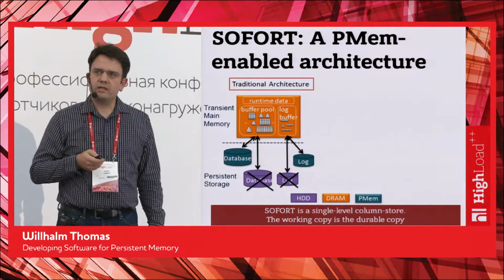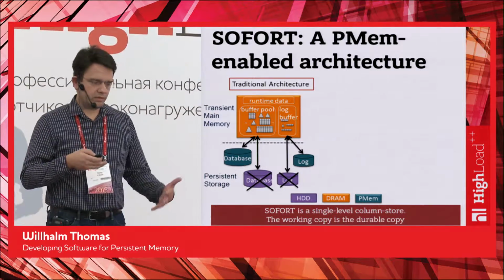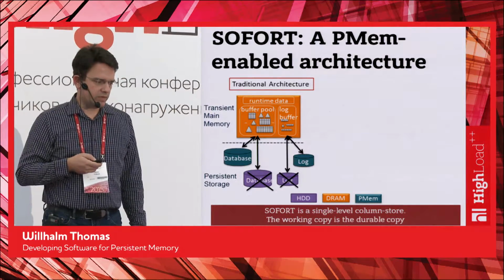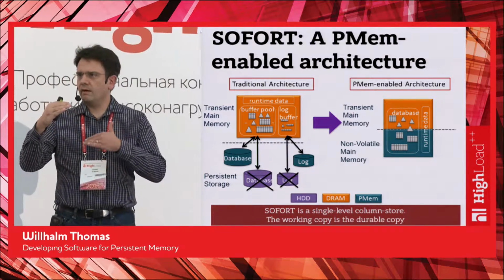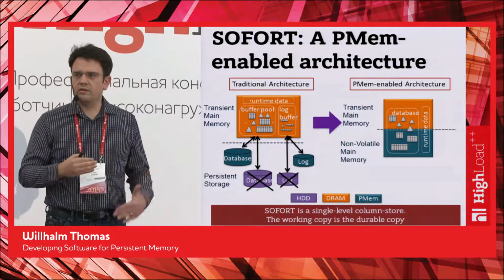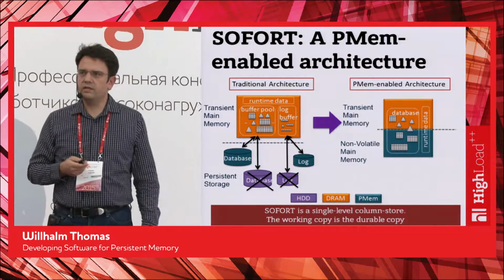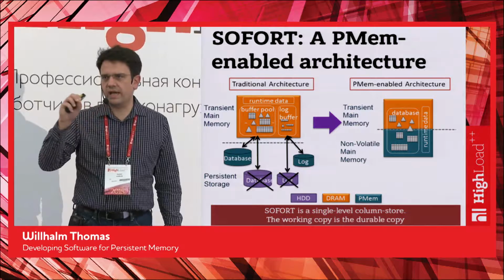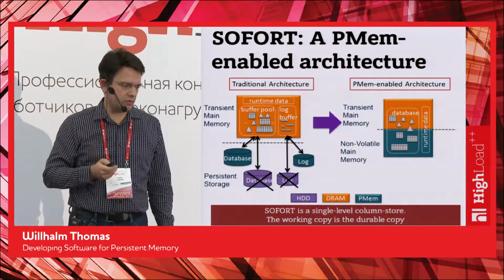We also eliminate the copy on disk and replace it by a single copy in persistent memory. So what we have now is just all data in memory. It could be non-volatile persistent memory, or it could be DRAM. And we have this line in between and can move the data structures up and down between the two.